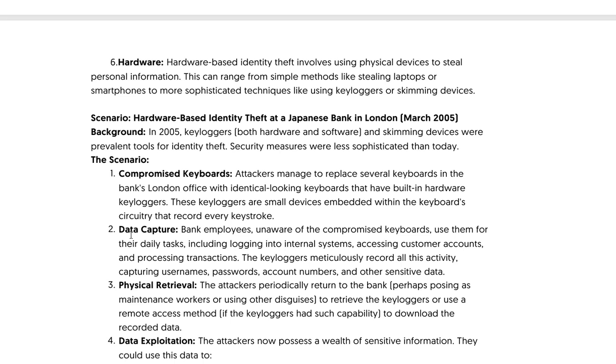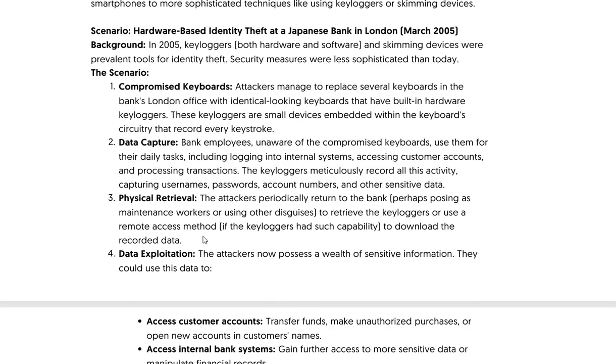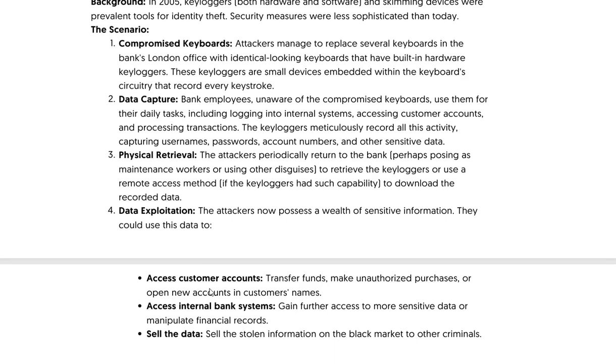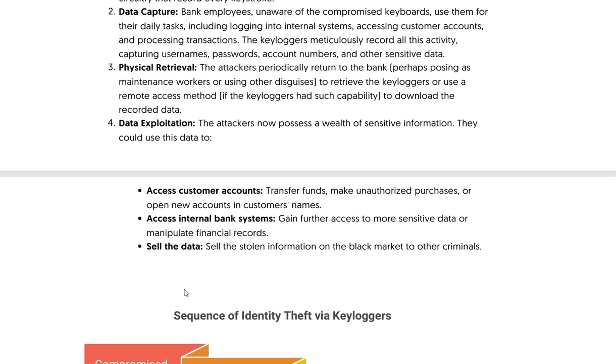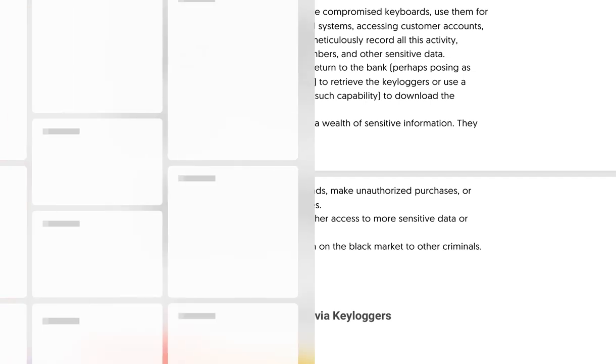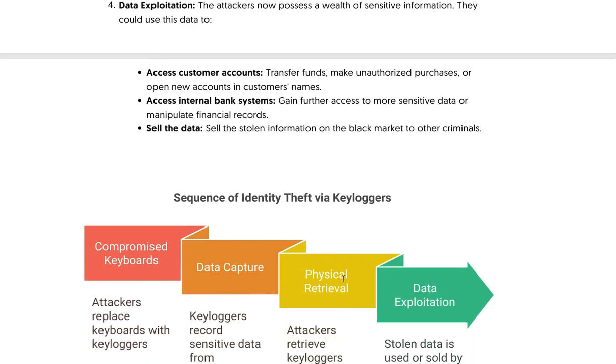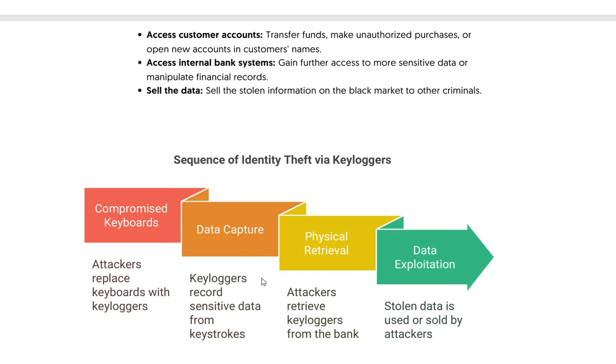After that they captured all the employees' transactions, everything. The attackers periodically returned to the bank to retrieve the keyloggers, or used remote access methods to download the recorded data. Then they exploited the data to access users' accounts and stole the money, and they sold the stolen information to other criminals. So this is how it went: first installation, then capturing, retrieval, and data exploitation.